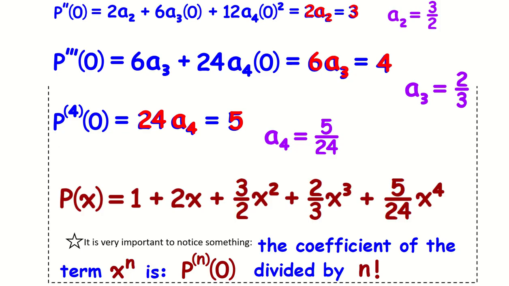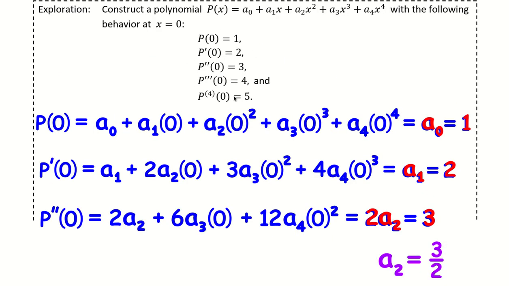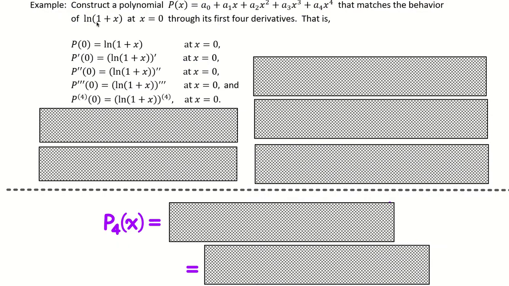We just got done doing that, except we were vague about all of this behavior. Now we want it to behave like this actual function at x equals 0. So we're going to do the same song and dance. We want p of 0 to equal the function at x equals 0, and the derivative when we plug in 0 to equal the first derivative at x equals 0, and so on and so forth.